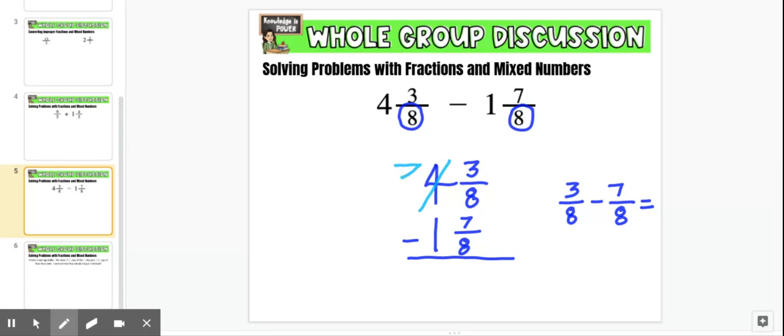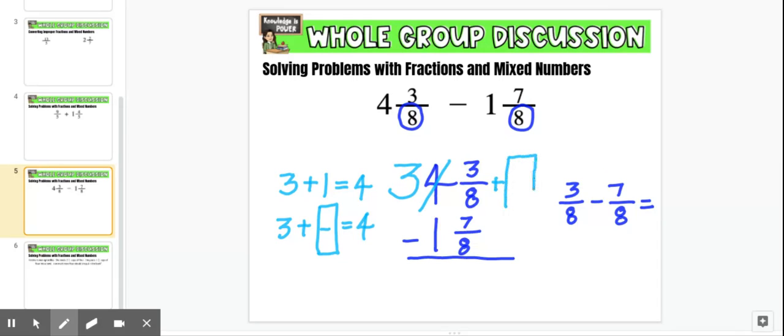This 4 becomes a 3. So we agreed that 3 plus 1 is equal to 4. Well, because we're working with fractions, this has to be a fraction. So it's just going to be a giant 1 to give us 4. So we're going to add a giant 1 right here, so our value does not change. And to make it easy on ourselves, we're just going to bring this denominator straight over.